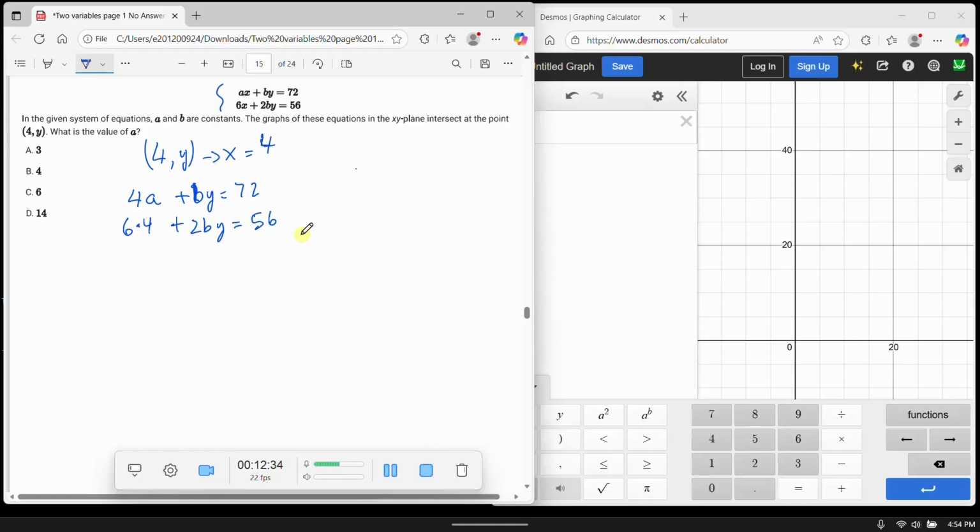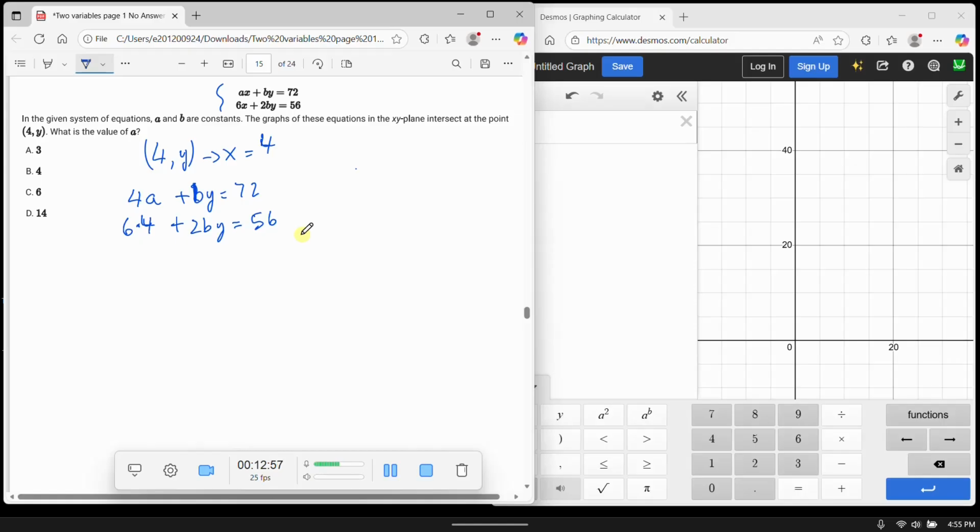So I would like to do this by subtracting the equations in the system. What I mean is, if you're looking at the middle term by and the bottom 2by, the only difference here is the number 2.